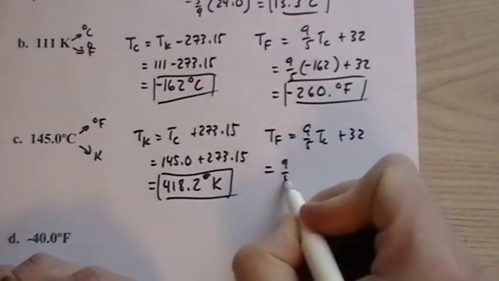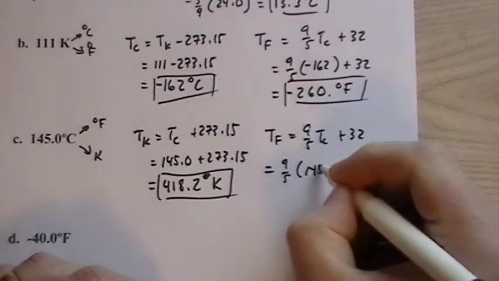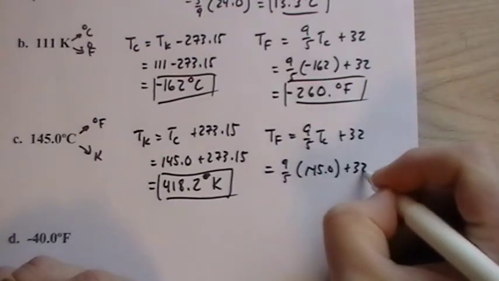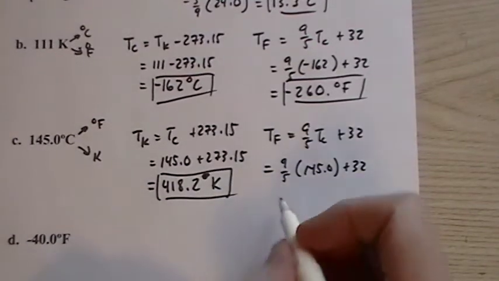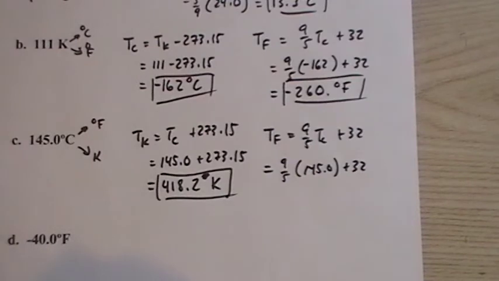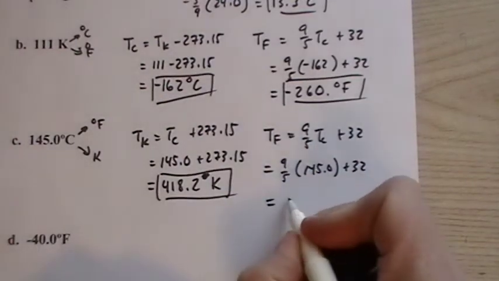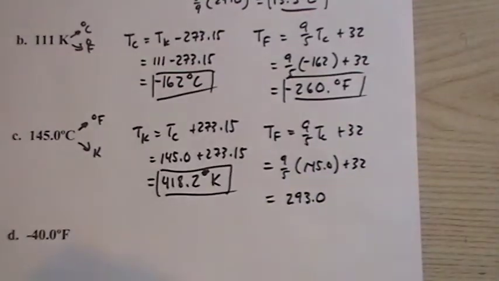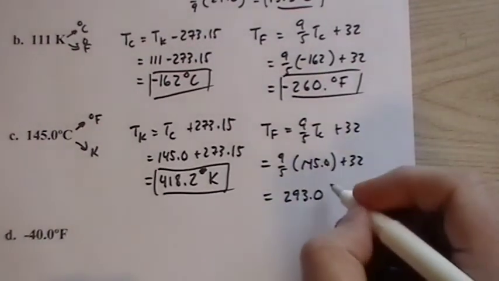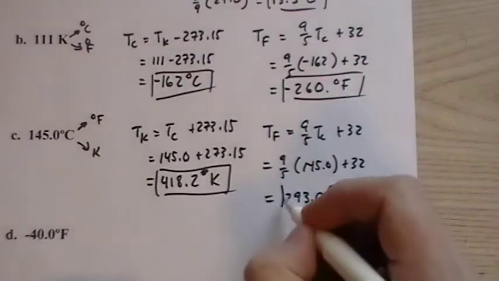So this is 9/5 times 145.0 plus 32. So 145 times 9 divided by 5, and then plus 32. So this is going to be 293.0 because we go out to the tenths place. So this will be degrees Fahrenheit.